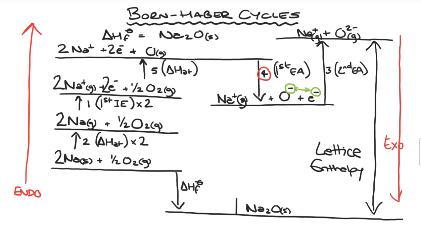But you may see those given in either format. To make it easier for what we're doing today, we'll just consider lattice enthalpy as being a downhill process, the energy which we would receive by the gaseous ions coming together to form that energetically stable ionic solid.